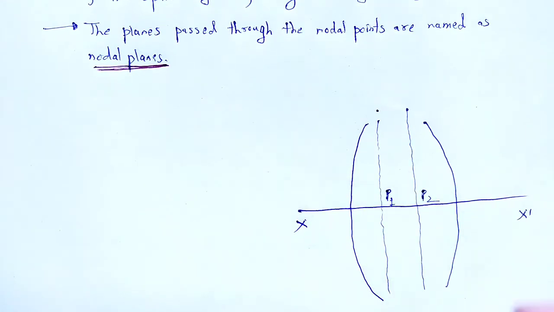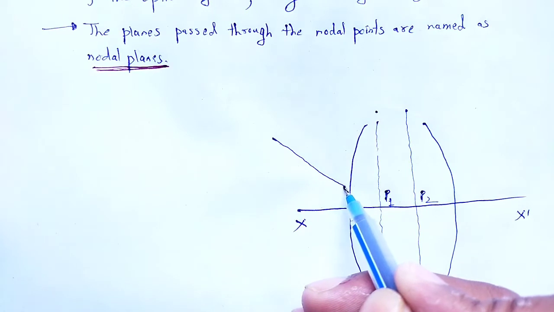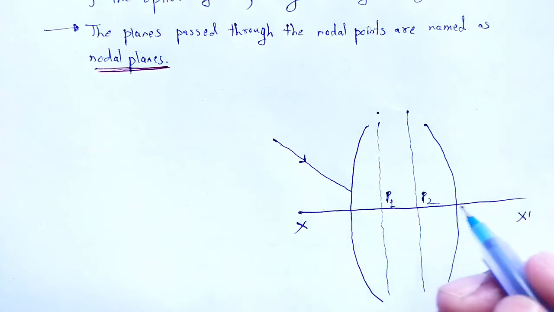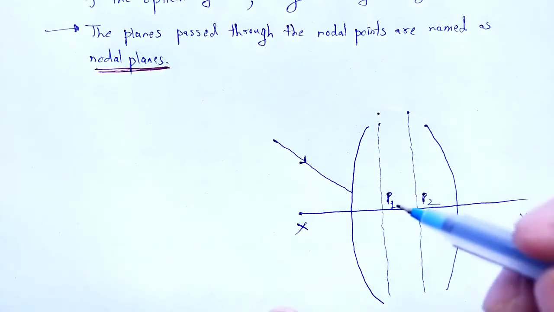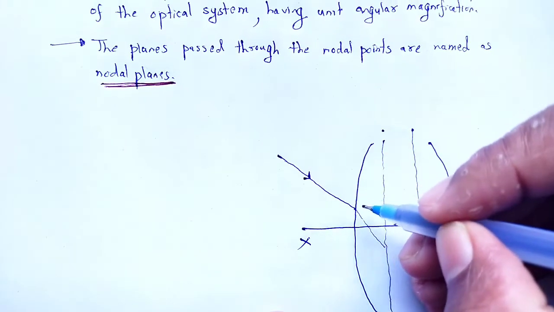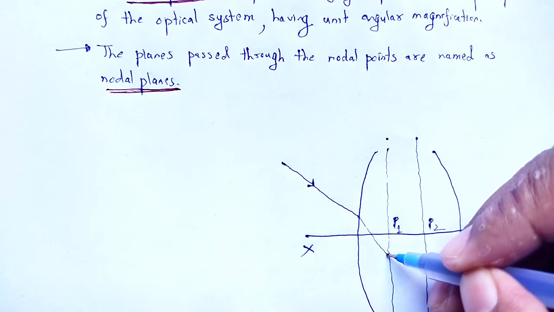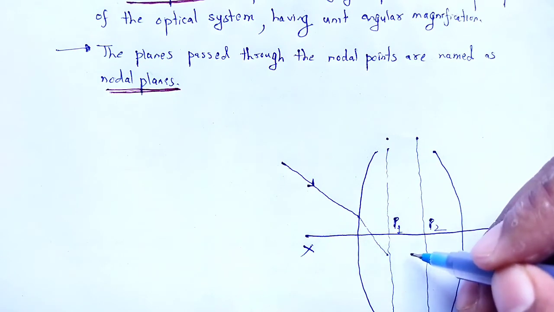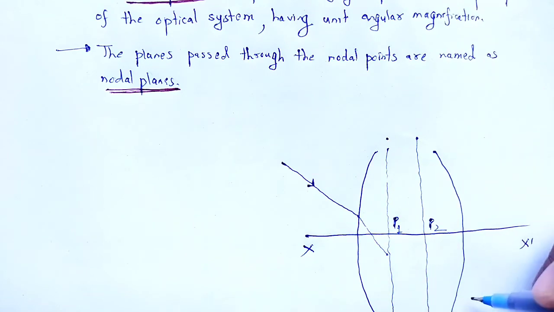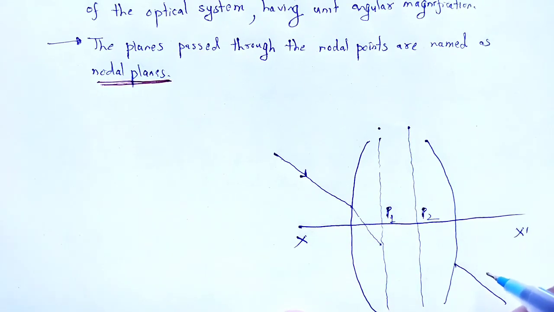The figure looks like this. The emergent ray is parallel to this line.